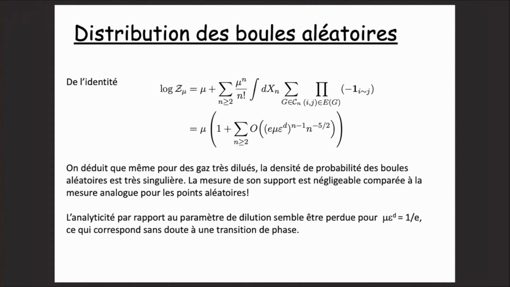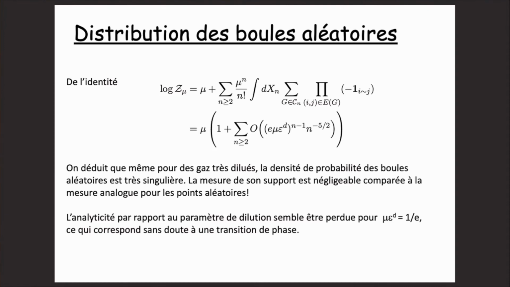So now I have this formula, the first formula that I proved, where I have this expansion with cumulants. So that's the cumulant, and now I can estimate its contribution, using the fact that the L1 norm for a given tree is like epsilon d to the n minus 1.